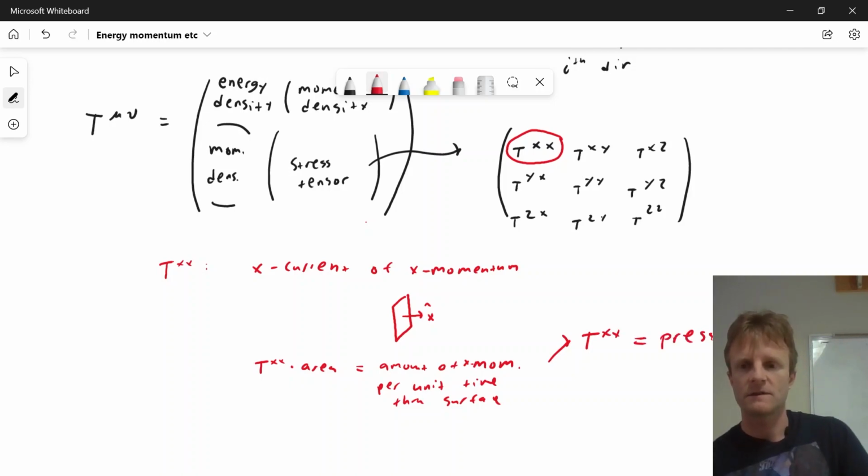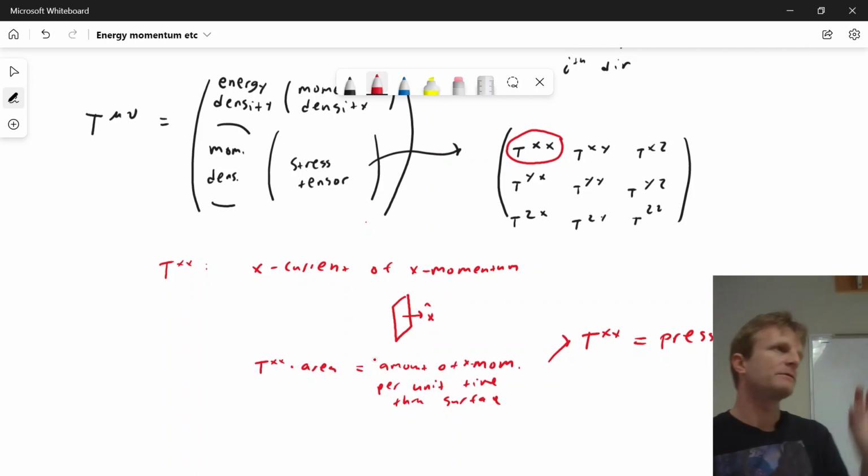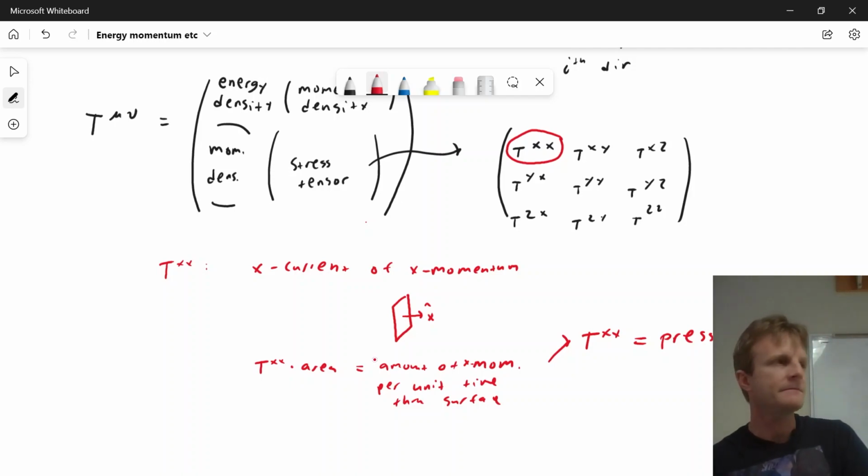Yeah, question? Is this defined as an infinitesimal point? Yeah, so this should be an arbitrarily small little surface, just like current density refers to an infinitesimal point. So pressure is force per unit area, right? So this is dp dt.